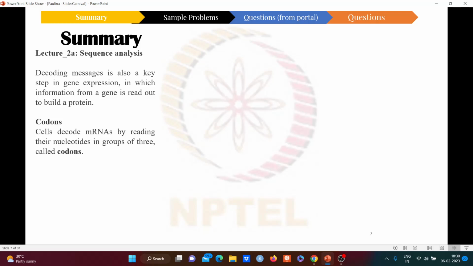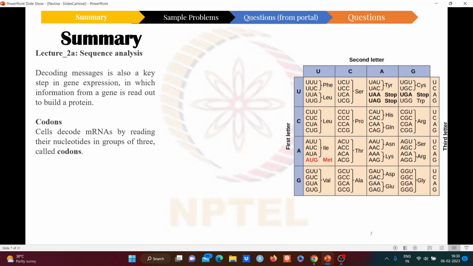specify an amino acid. This is the codon table, sometimes we call this the genetic code also. When you observe this table carefully, apart from the regular amino acids, we have 3 stop codons which mark the end of a protein.